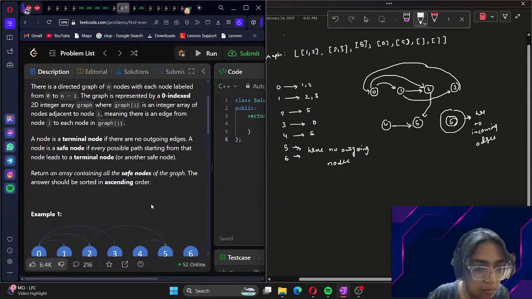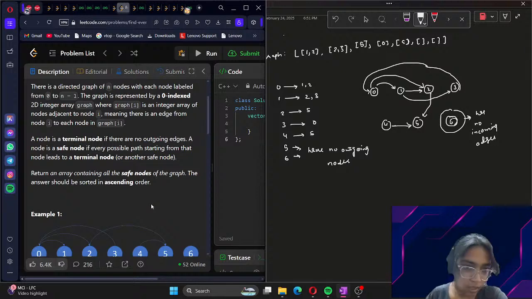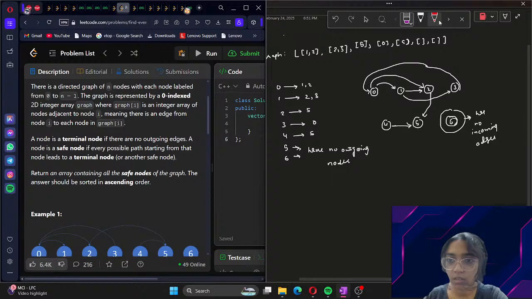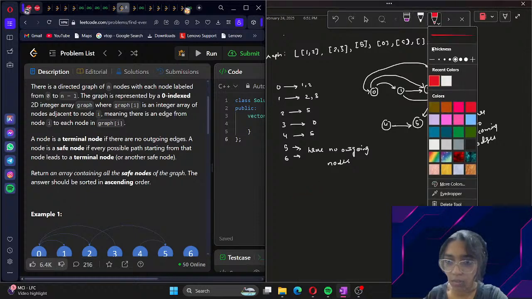Okay, a node is a terminal node if there are no outgoing edges. You know what? Let me decrease the font. Okay, this should be fine.